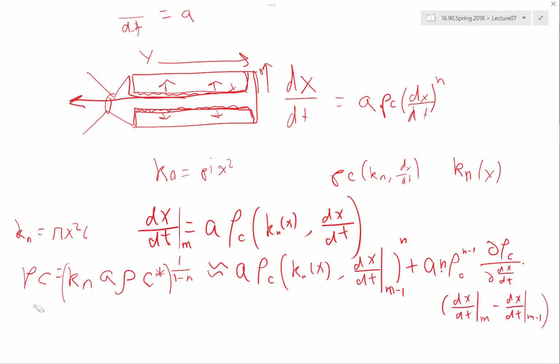C star is a constant based upon the propellant you have. So it should only be x. If that's the formula, then given x, you can just compute the whole Pc, as long as Kn is the only thing that moves out of Kn, rho c, rho, and c star.